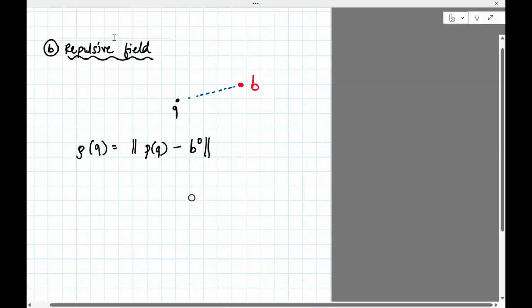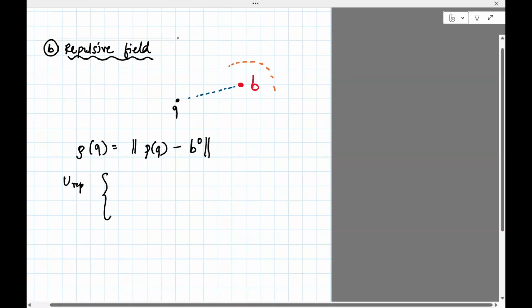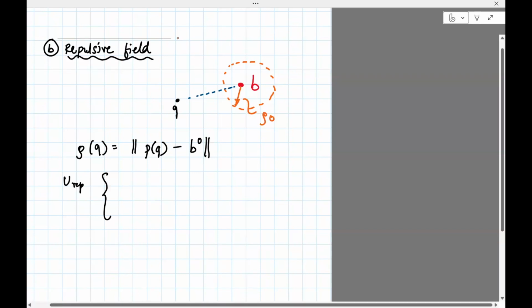So how do we use this? Well, this is what we'll do. We'll define the repulsive potential as follows. What we want to do is look at some neighborhood, some circular distance, that's the easiest one. Let's say we choose this to be rho 0, which the user chooses.